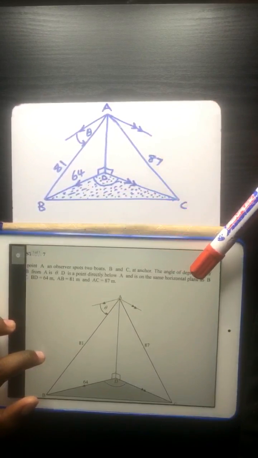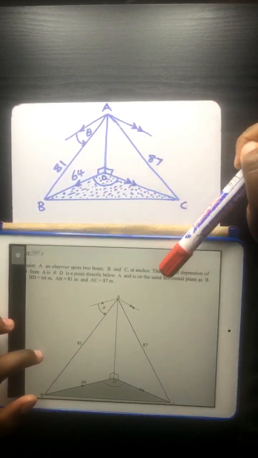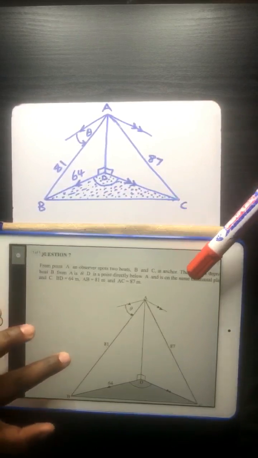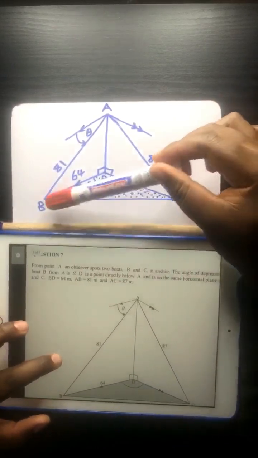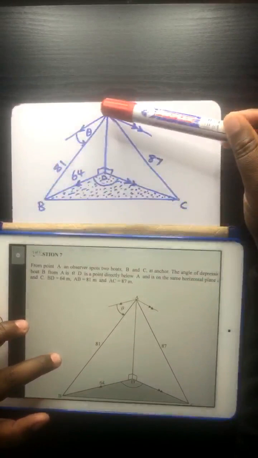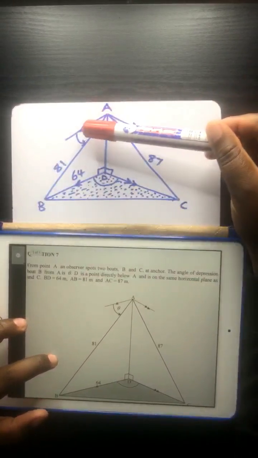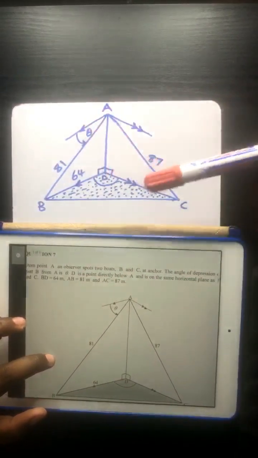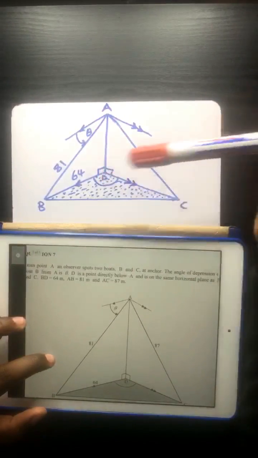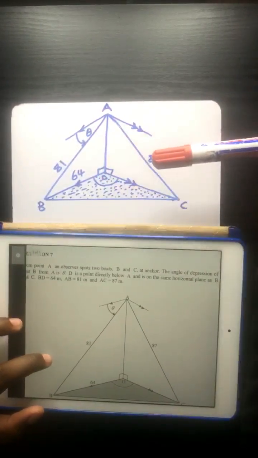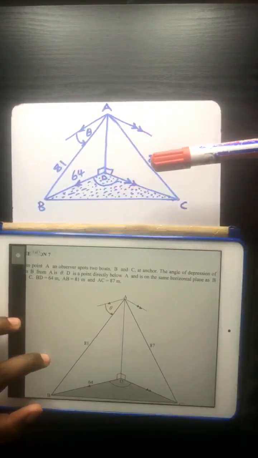The angle of depression of boat B from A is that alpha there. Okay, makes sense. Where is D? There is D. D is a point directly below A.